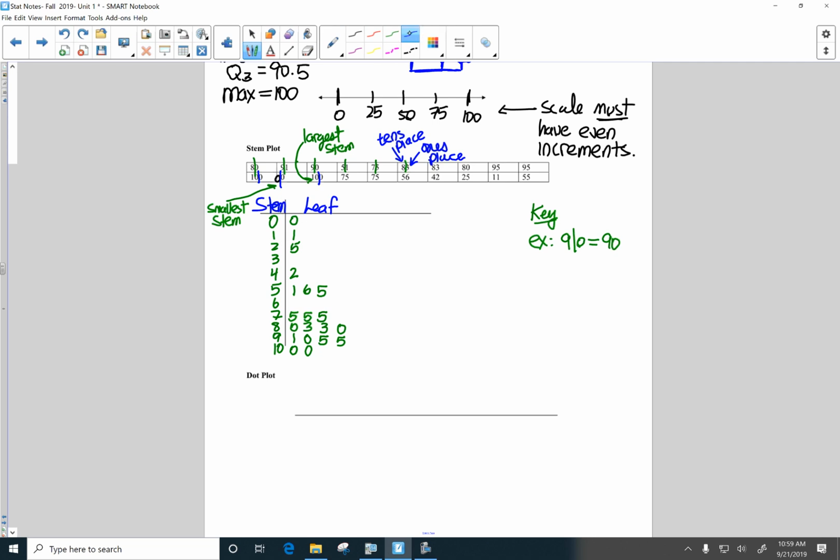All right, so here is 0, here is 100. And your scale, again, this is how I like to make my scales. Your scale can be by 10s, it could be by 5s.